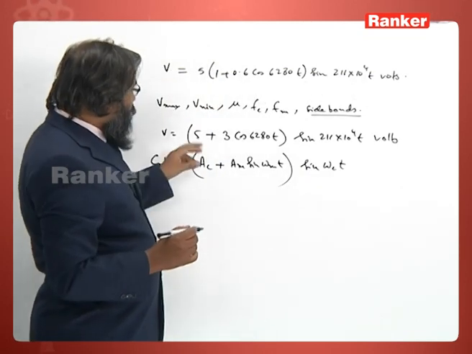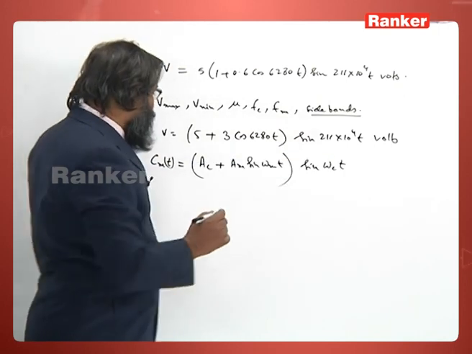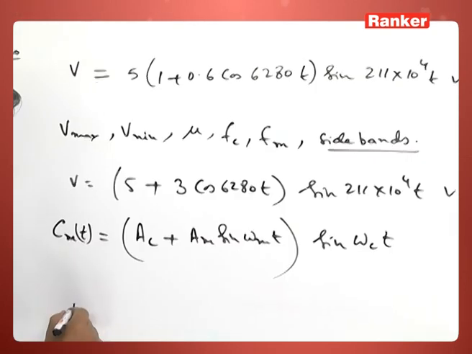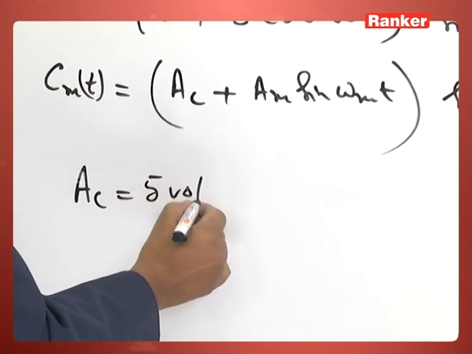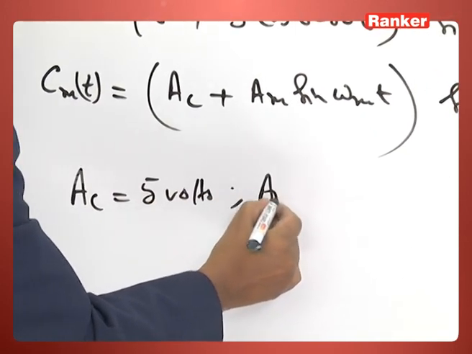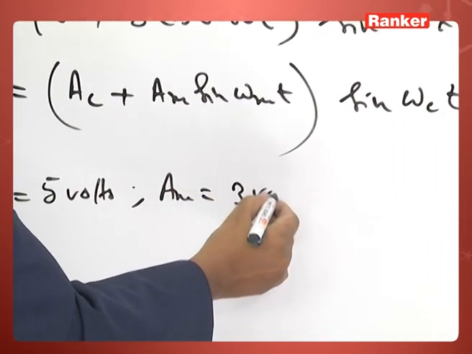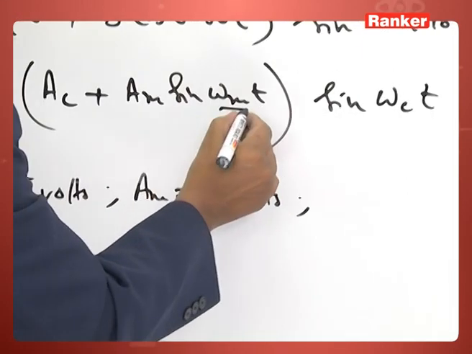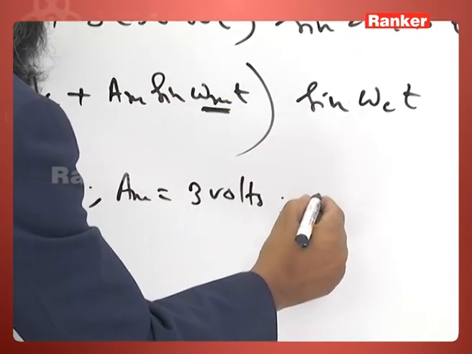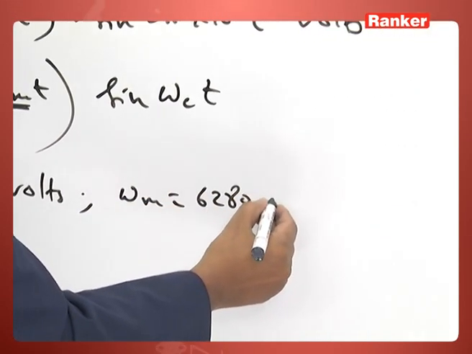Now in order to calculate all these things, we have to compare these two equations. Let us see what AC is. We see AC is 5 volts. The modulating wave amplitude is here, you see 3 volts. Let us calculate omega m, which is given as 6280.